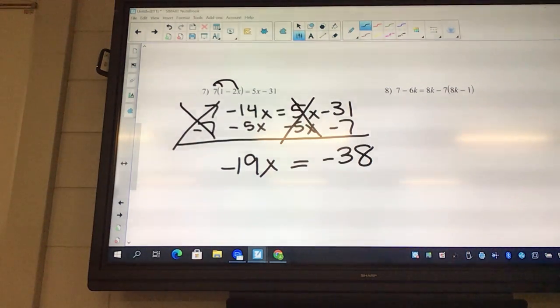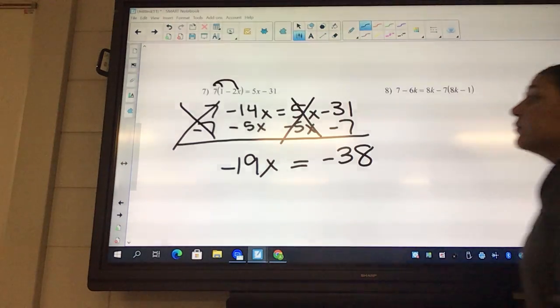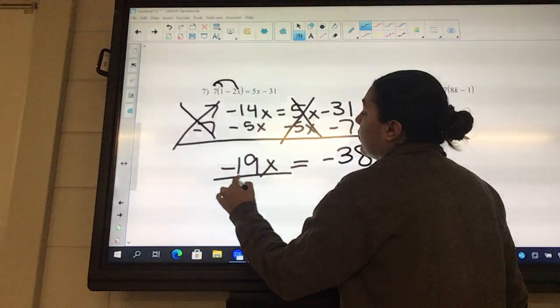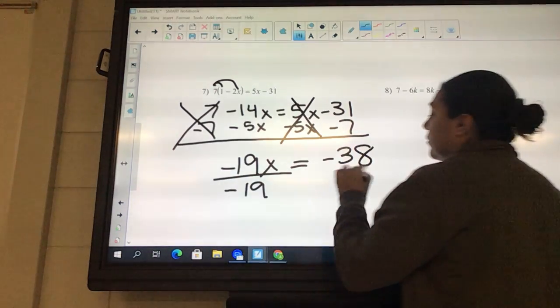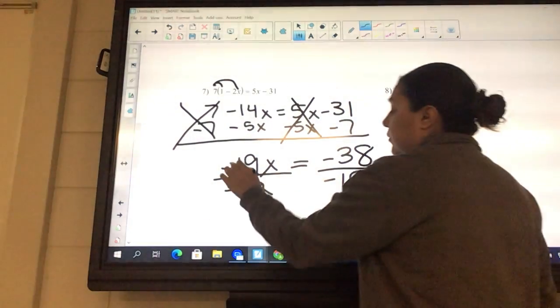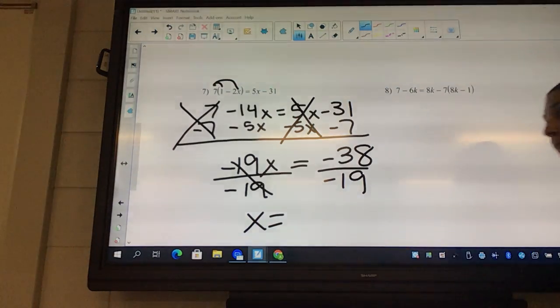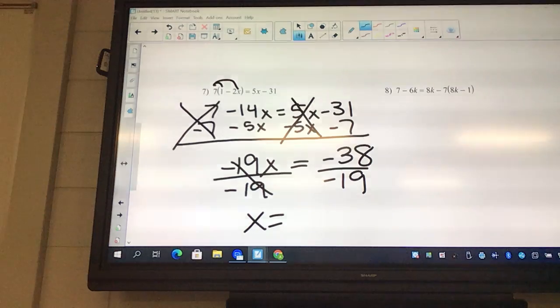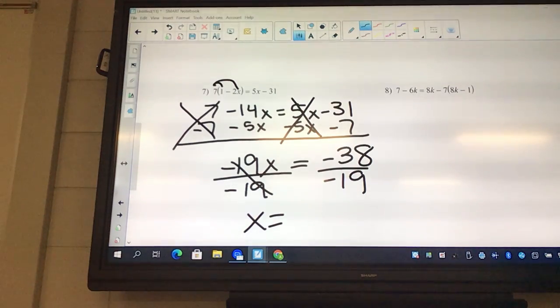And then what's our last step? And x equals what? 2?